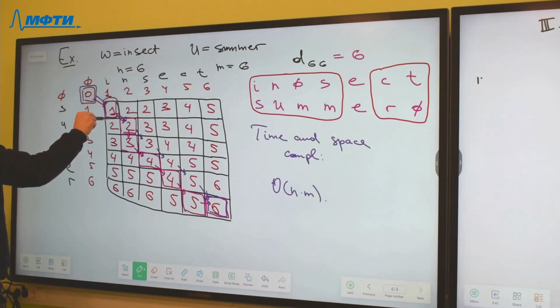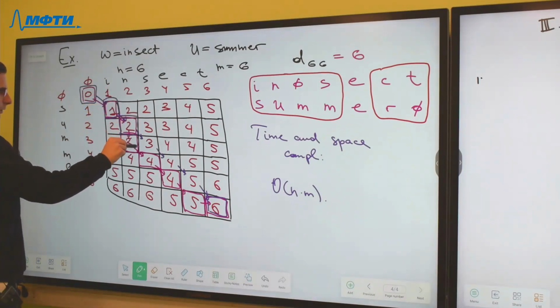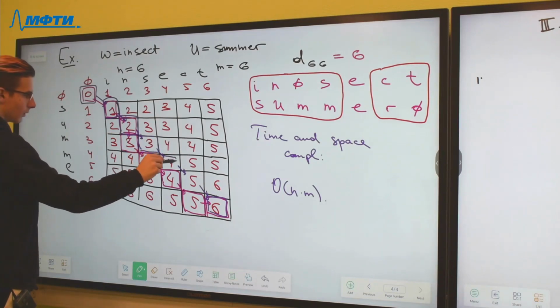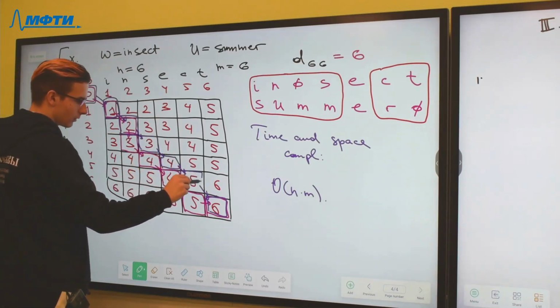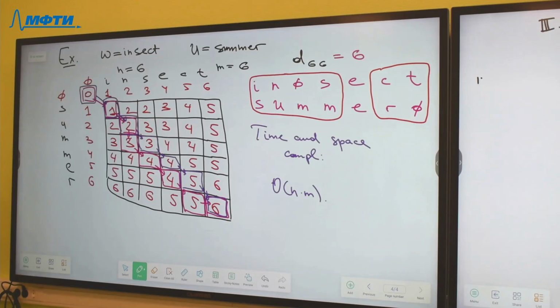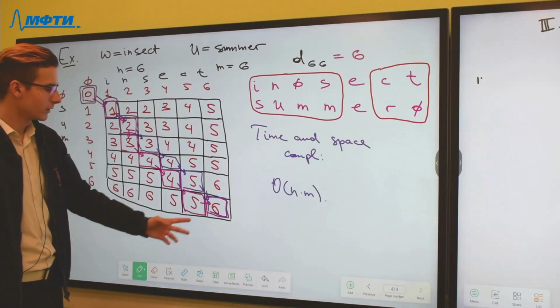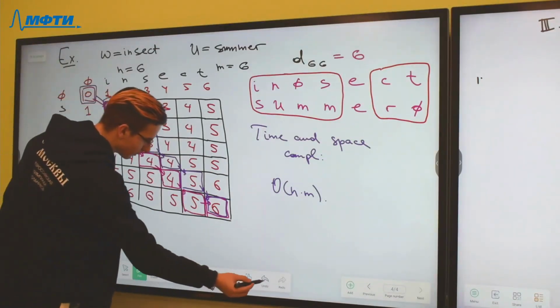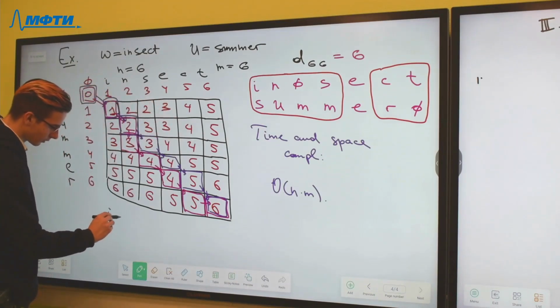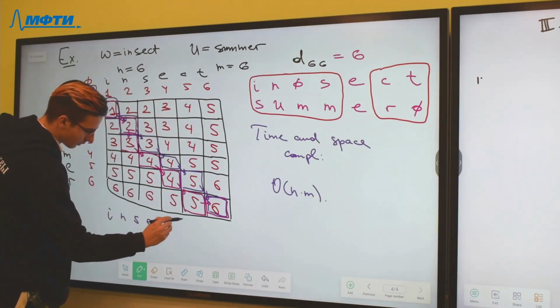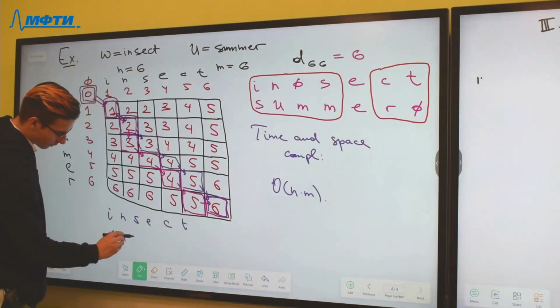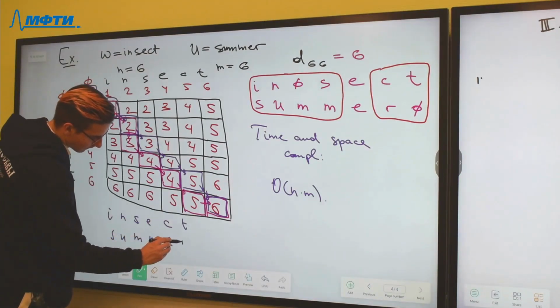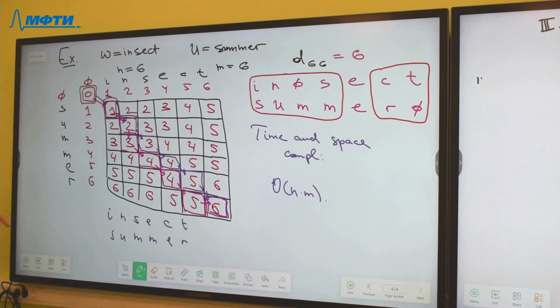And by this way, we can say that this number is the number of places in which we find the difference between these two words.